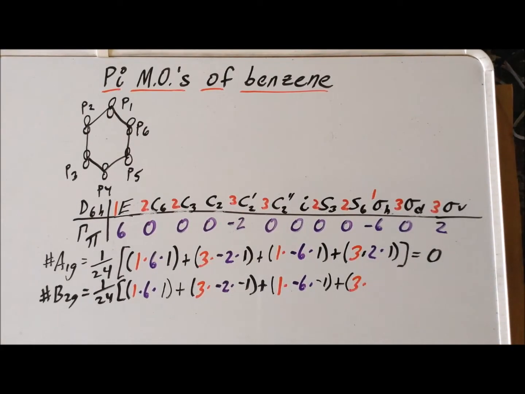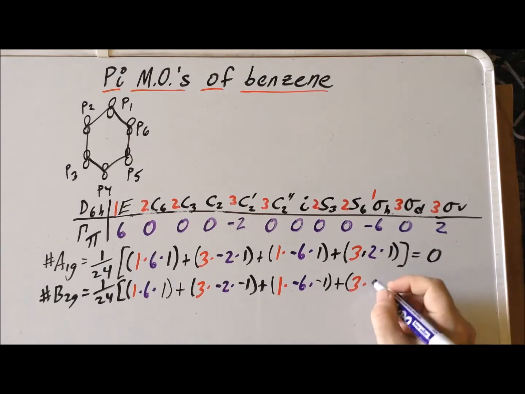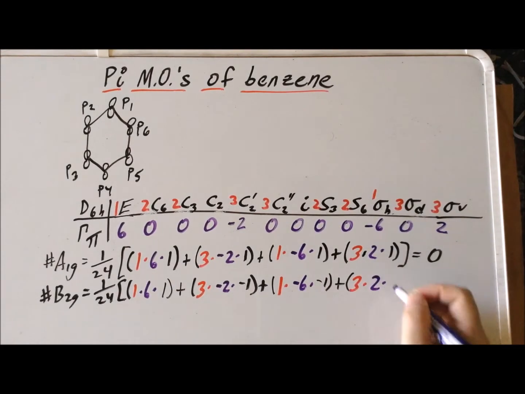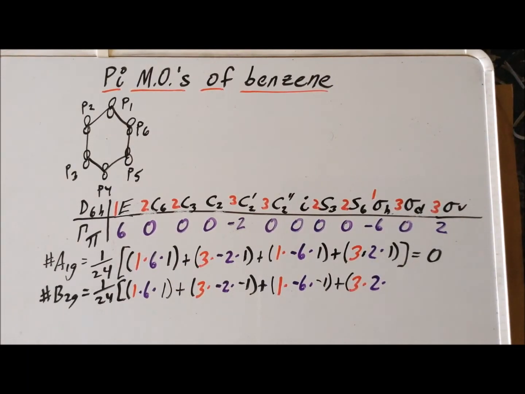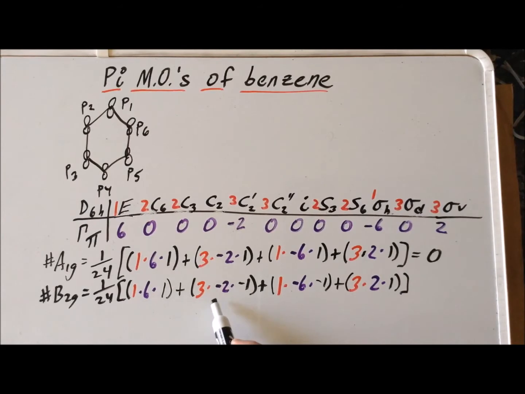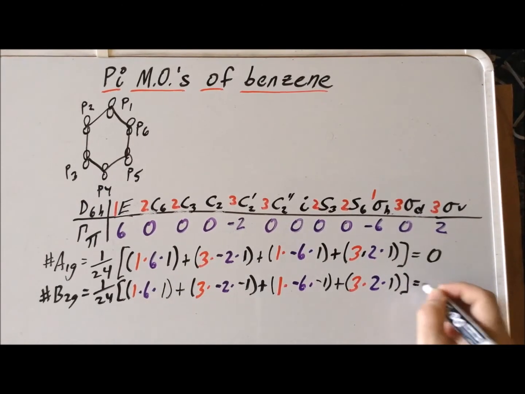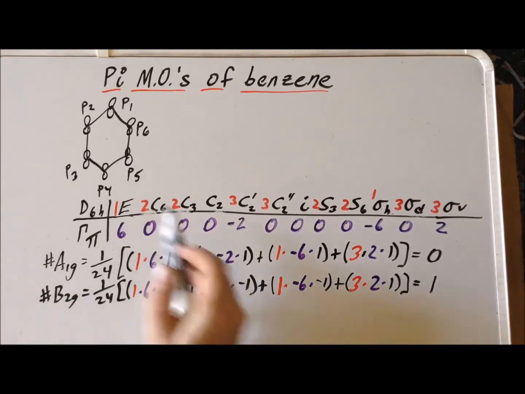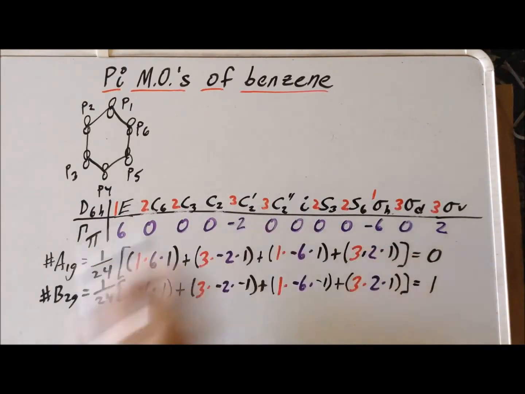The character from the reducible representation is a 2. And the character from the character table for B2G is a 1. So we have 6 plus 6 plus 6 plus 6, which is 24. That tells us that we have 1 B2G included in our gamma sub pi.